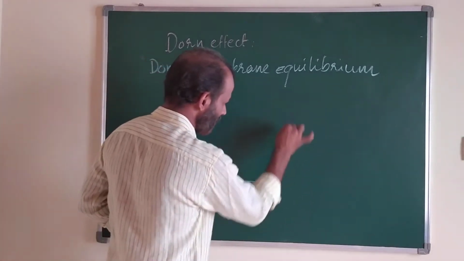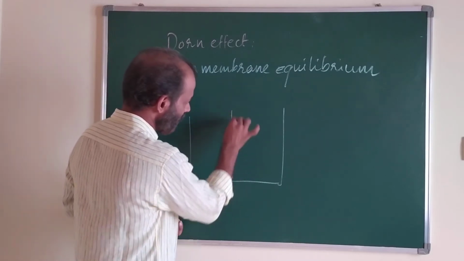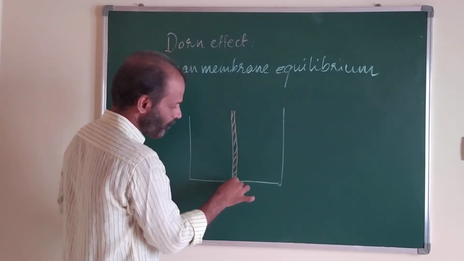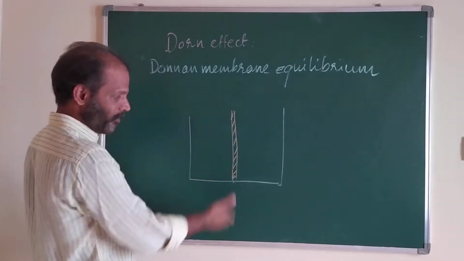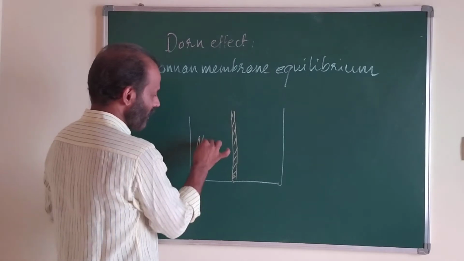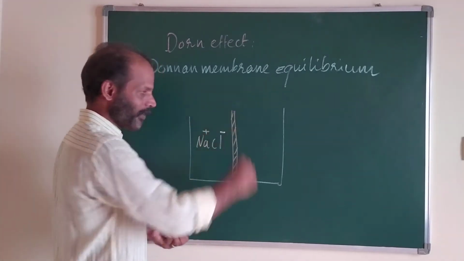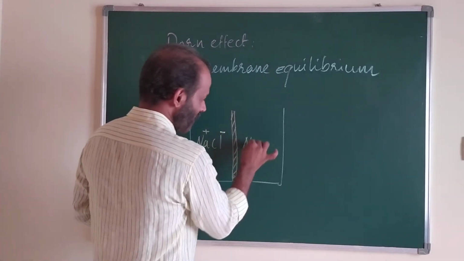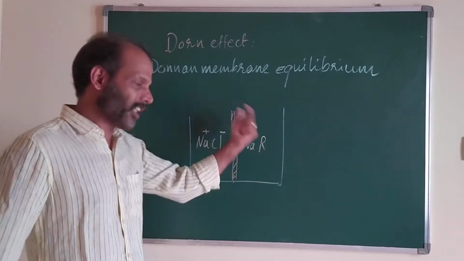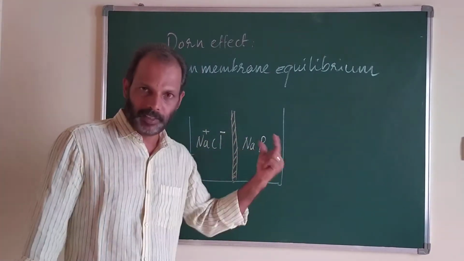For example, this is a semi-permeable membrane, or cellophane membrane, or parchment membrane, and this part contains sodium chloride, that is Na plus and Cl minus, and this part contains a sodium salt of a long chain molecule, for example, the sodium salt of a protein.